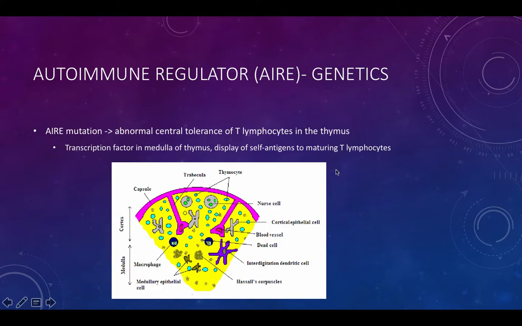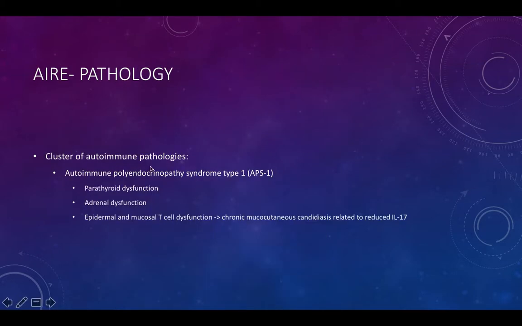They then circulate, and when there's a failure of peripheral tolerance, which is possible, you can develop T cell mediated responses against the parathyroid, leading to hypoparathyroidism, which clinically leads to hypocalcemia.